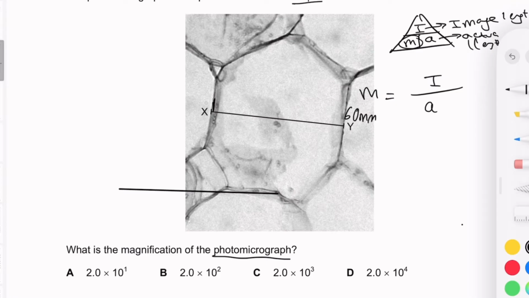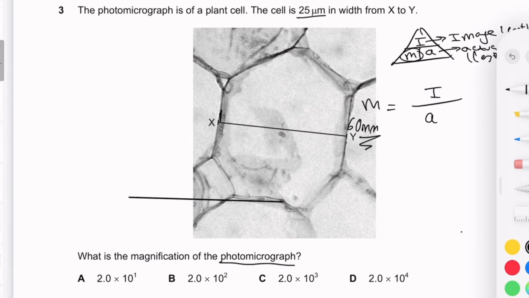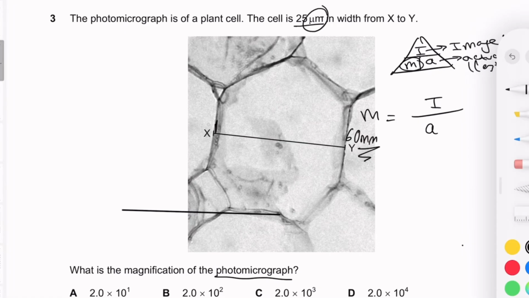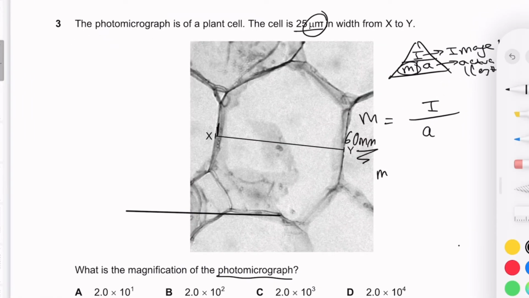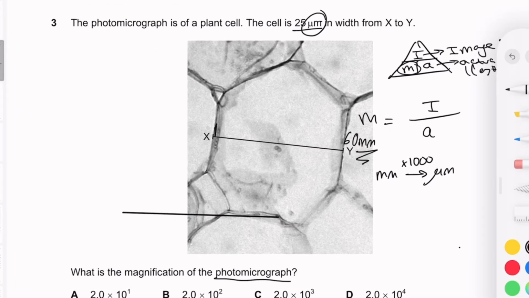So if image length was 60 millimeters, we have to convert it to micrometers, just like the actual length, which is in micrometers. To convert from millimeters to micrometers, because micrometers is smaller, you have to multiply by 1000. In order to convert back from micrometers to millimeters, you have to divide by 1000.